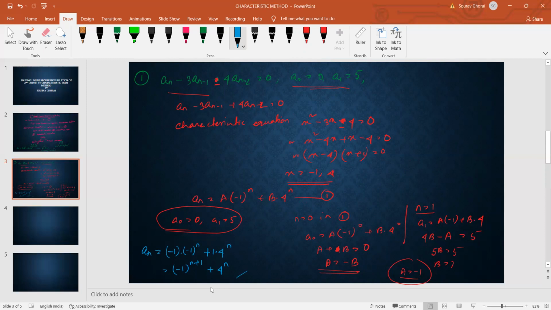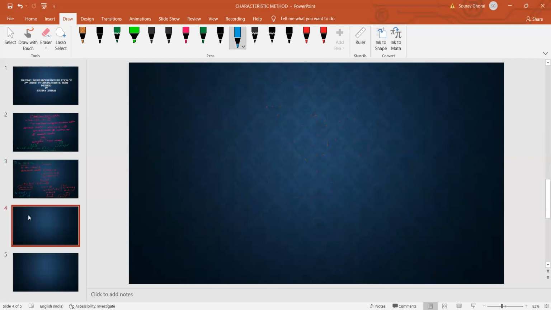And now, in the next, I will show you another problem where the roots are real and equal. So write the next question. Suppose we consider the equation Tn plus 9Tn minus 2 is equal to 6Tn minus 1.